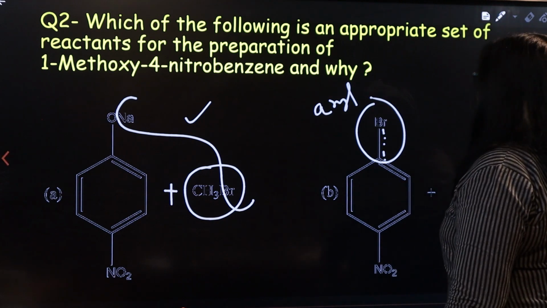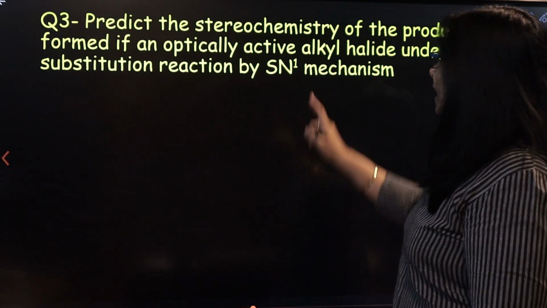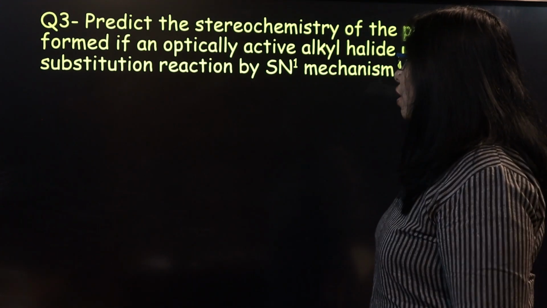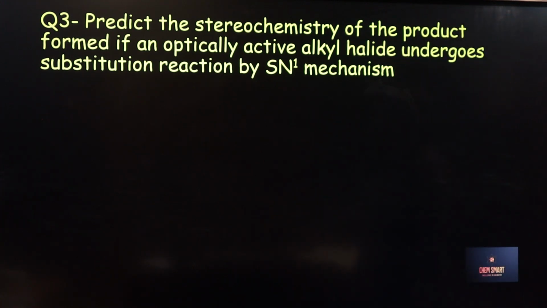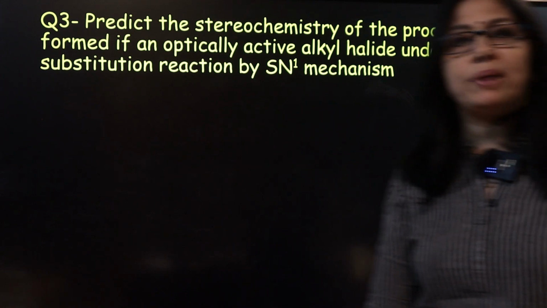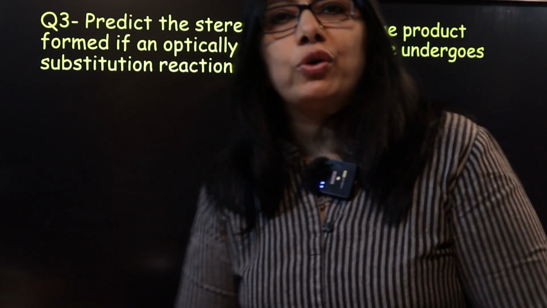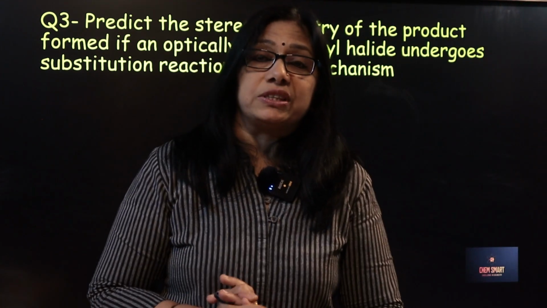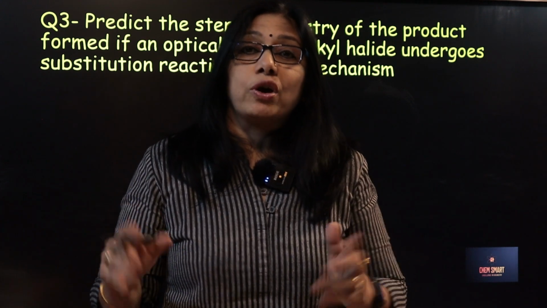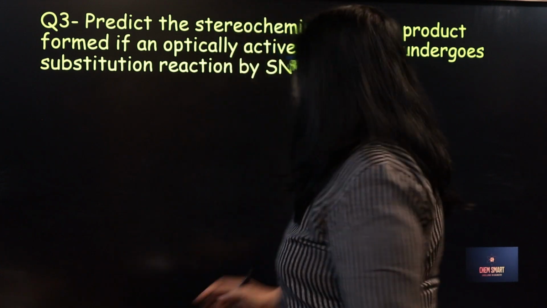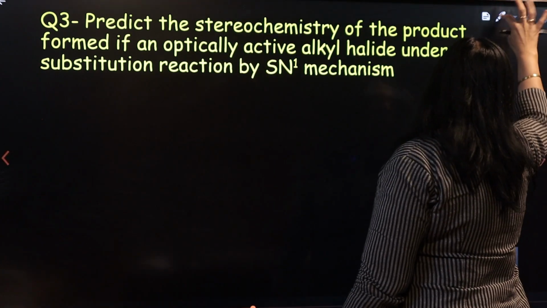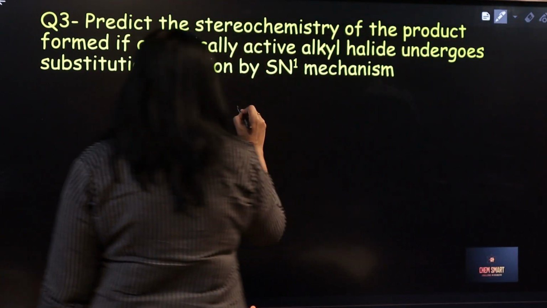Now, next one. Predict the stereochemistry of the product formed if an optically active alkyl halide undergoes substitution reaction by SN1 mechanism. I have told you SN1 mechanism is all about the formation of a carbocation, right? And carbocation is sp2 hybridized.